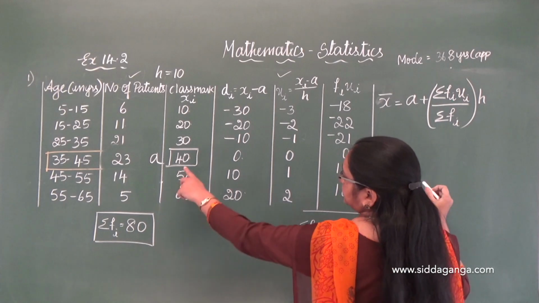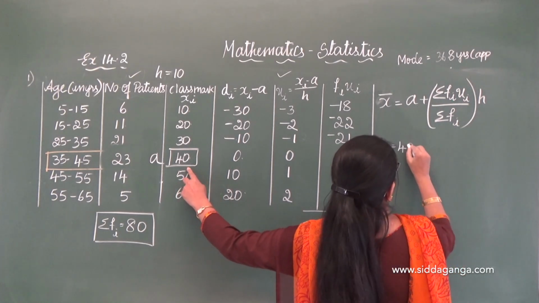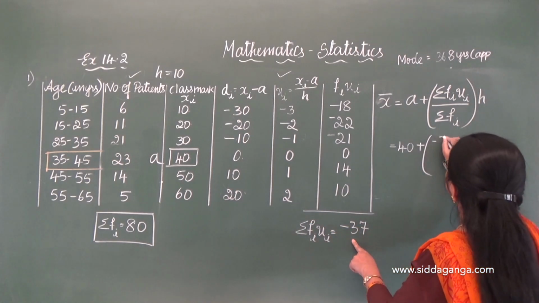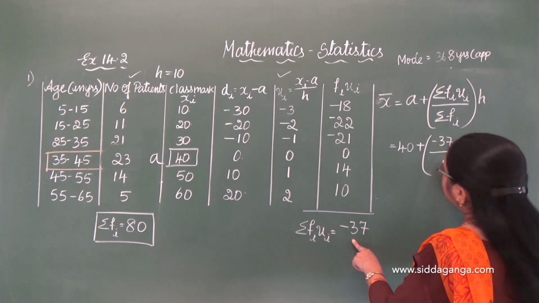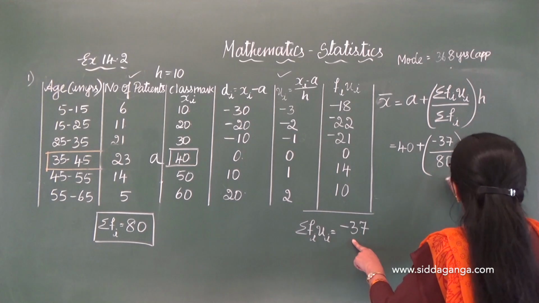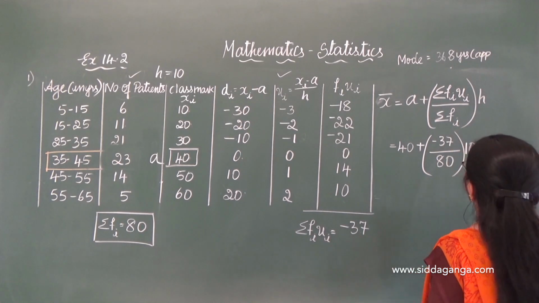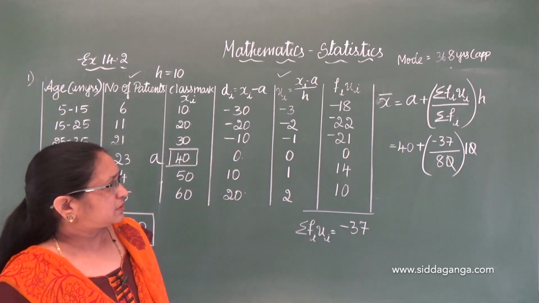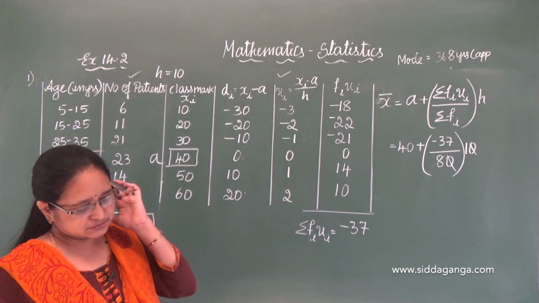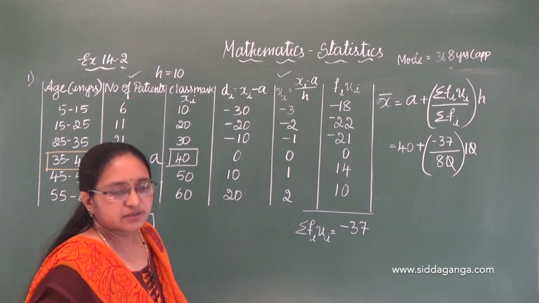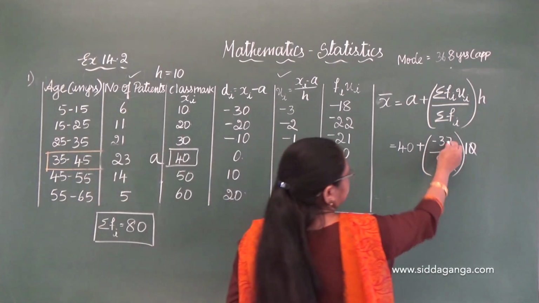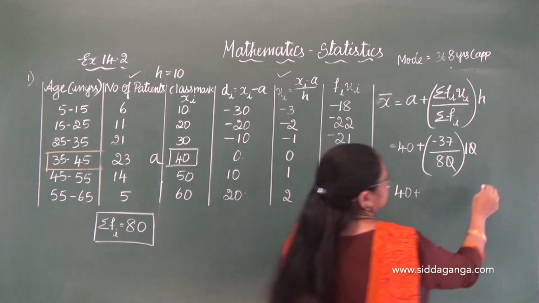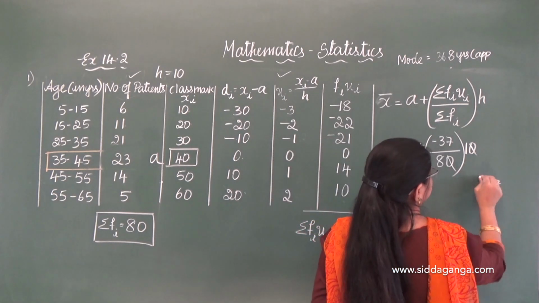What is a? 40 plus sigma fi ui is minus 37 divided by 80 into h, h is 10. So you can cancel the 0s. 40 plus... now let us find the decimal: 37 divided by 8.